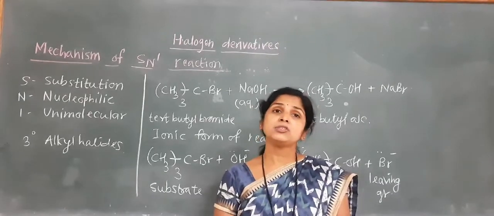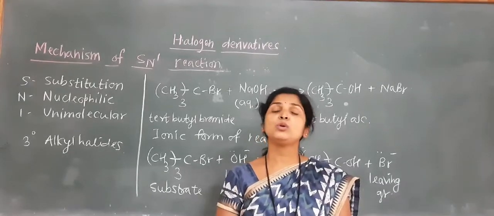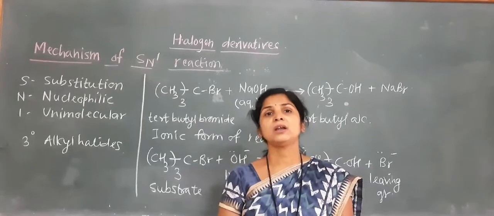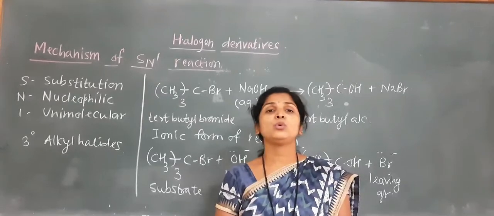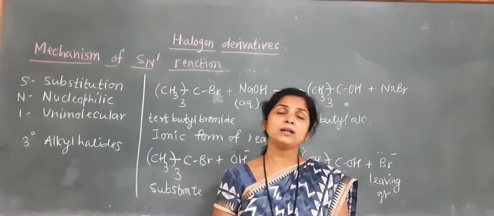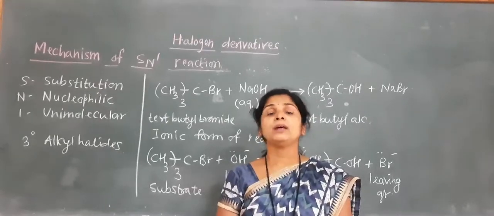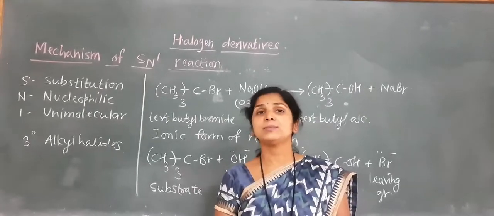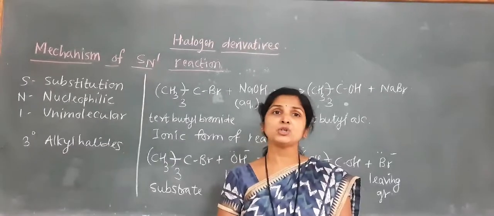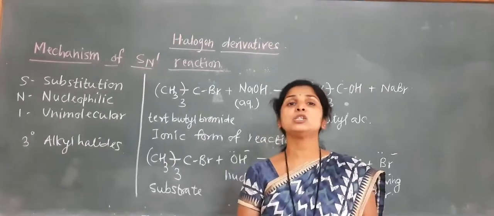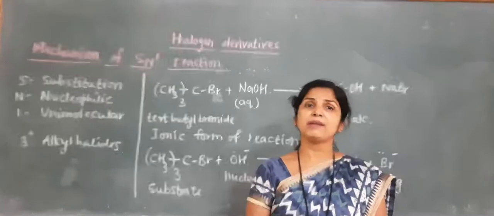In yesterday's lecture, we saw what a nucleophilic substitution reaction is. We said that one nucleophile is substituted by another nucleophile and the product is formed. When the rate of the reaction is dependent on the concentration of only one species, it is called an SN1 reaction.